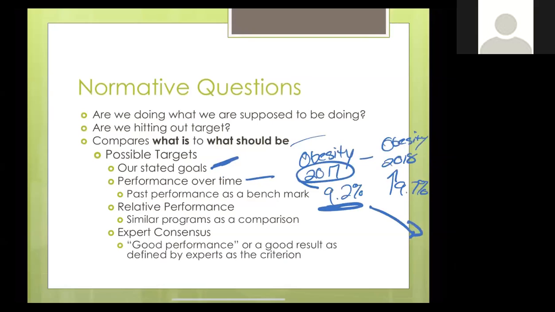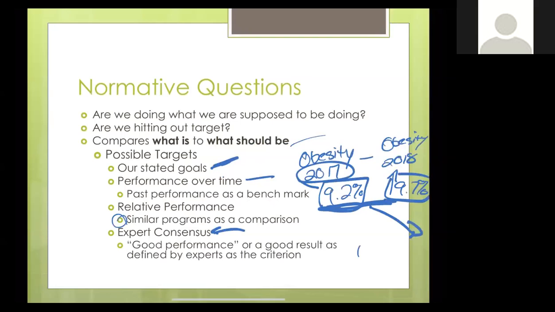What do we do to bring it down? Relative performance: do we have a similar program to compare to? Is there an obesity program that does a similar intervention in Orange County, and are they having similar numbers or similar increases or not? Sometimes expert consensus, meaning we find a doctor who has studied obesity immensely for the entirety of their career and can tell us if this is too high of a change or a normal change from year to year.